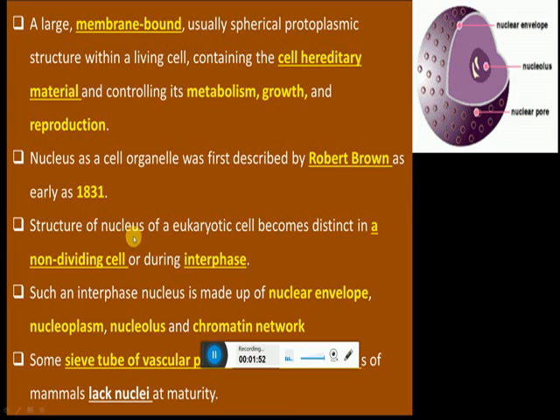The structure of the nucleus of a eukaryotic cell becomes distinct in a non-dividing cell, means not in cell division, that is during the interphase. In interphase we can study the structure of the nucleus in detail, each and every part.